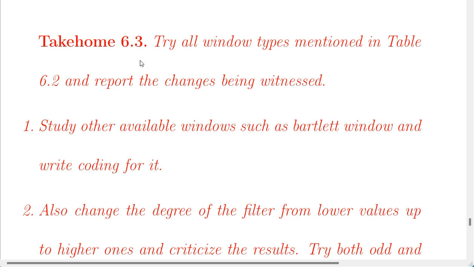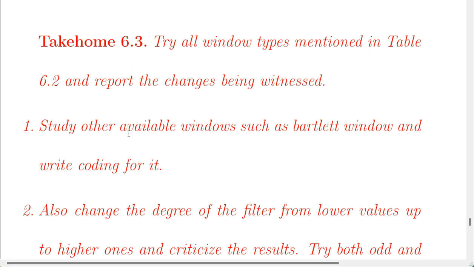Take home 6.3. Try all window types mentioned in table 6.2 and report the changes being witnessed. You shouldn't use always the Hanning. Try other ones and report what you see, what happens.